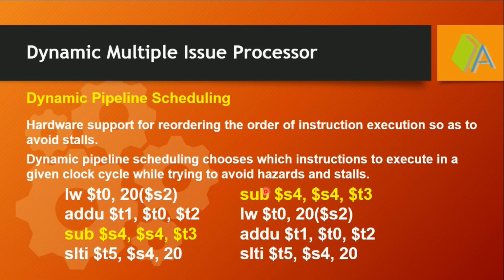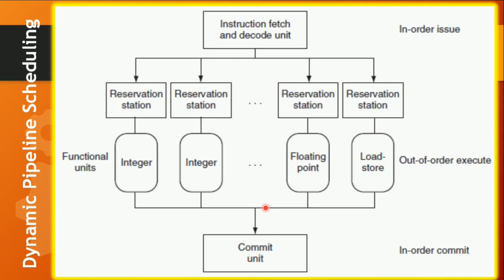The third instruction can be fetched ahead, so that the waiting cycles of the first instruction can be avoided. This is done during runtime. So dynamic pipeline scheduling chooses which instruction to execute next, possibly reordering them to avoid stall.